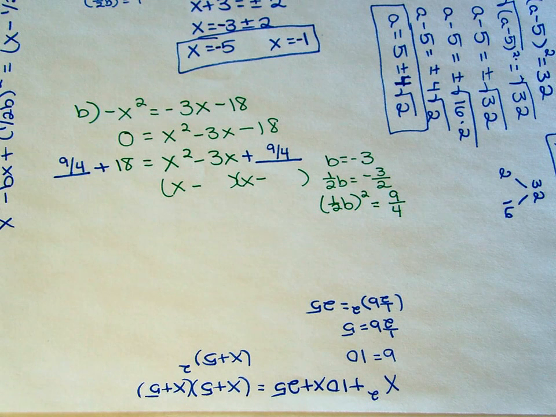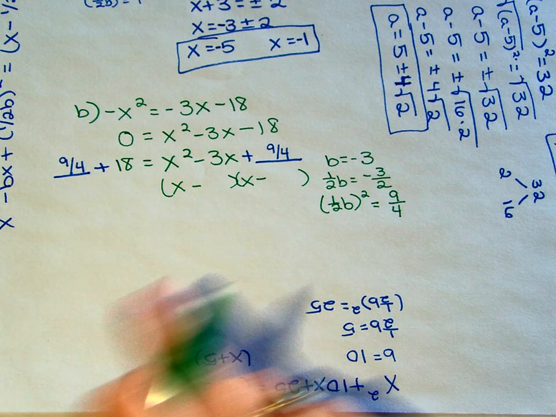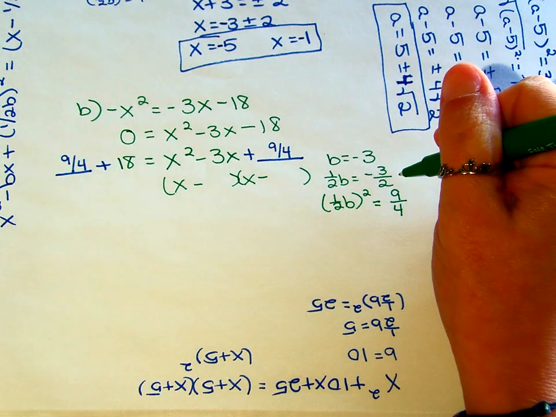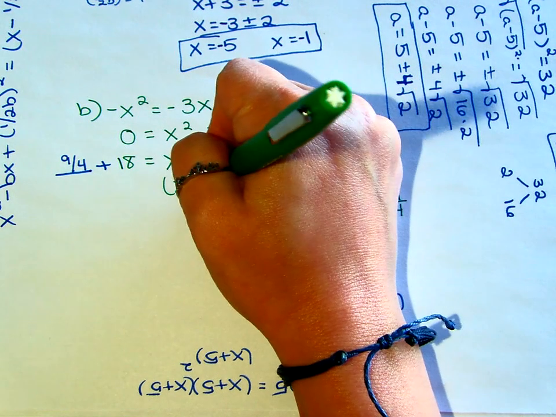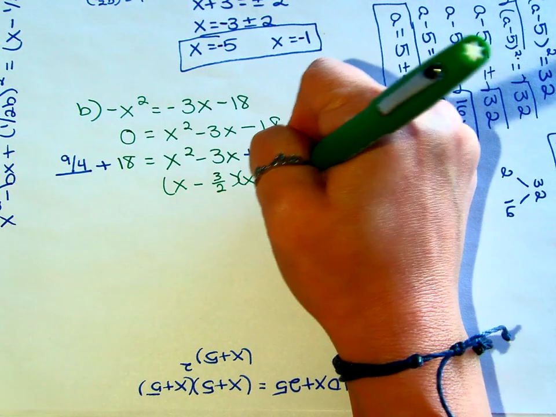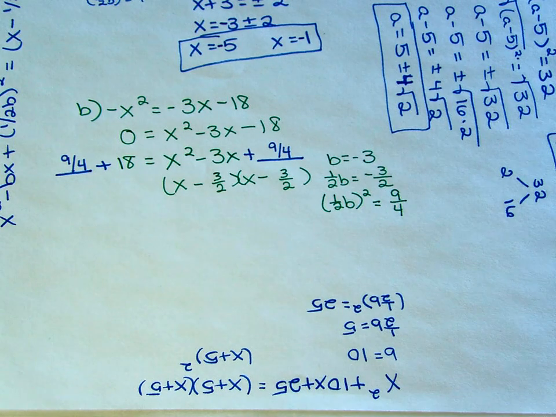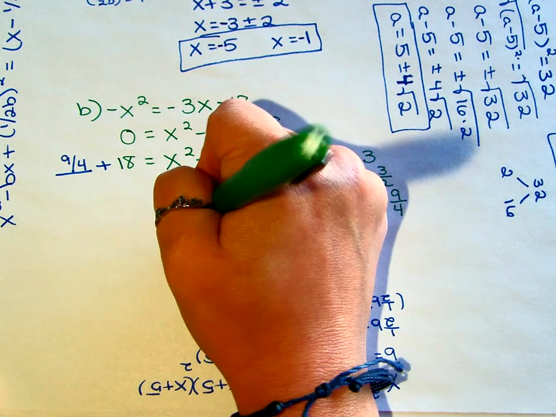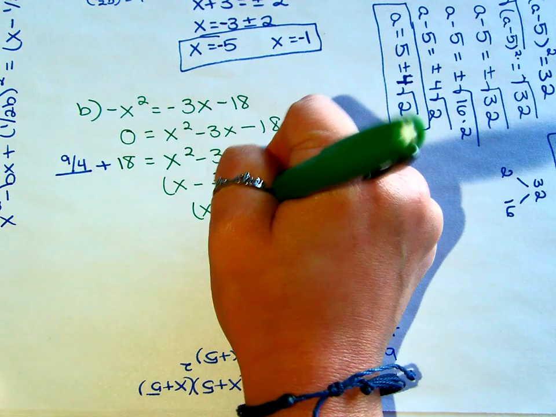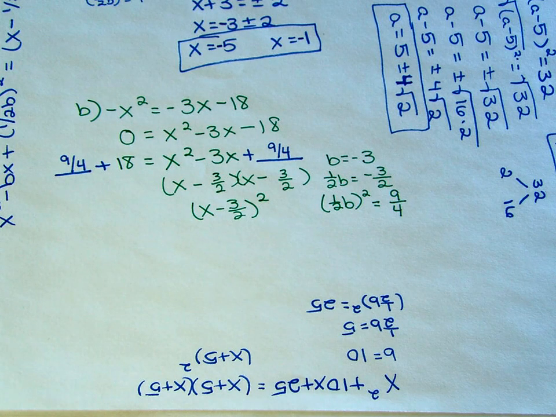But if I know that this ends up being x plus my 1/2 b, then I know that what goes in here is just the 3/2. That's why I like making my little list over to the side. Because then this gives me the x minus 3/2 quantity squared. Now, on my left-hand side, that 18 and 9/4, I do have to figure out how to add those.